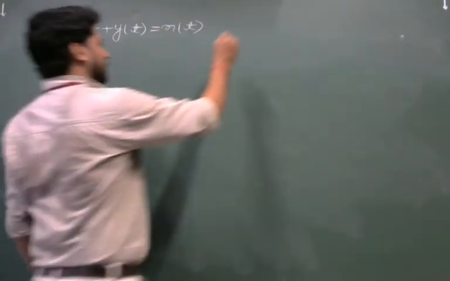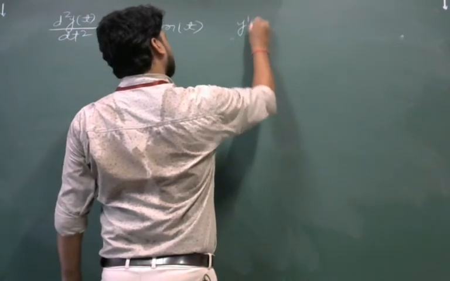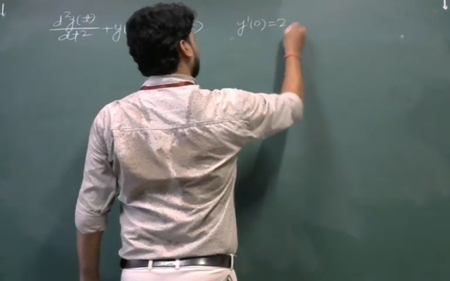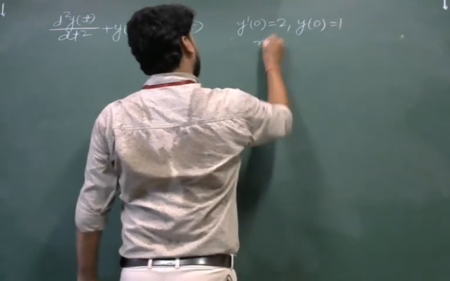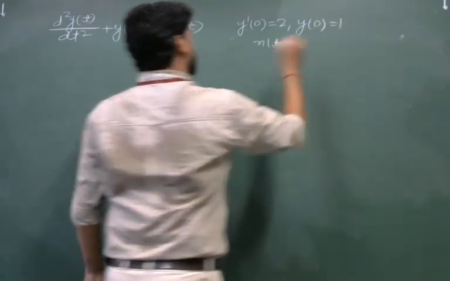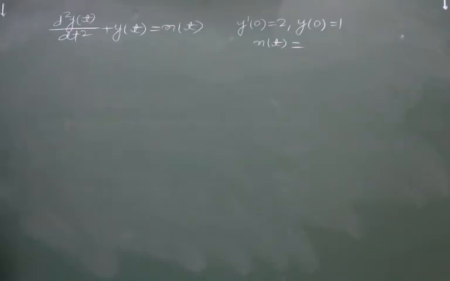It is given here that y dash 0 is equal to 2 and y of 0 is equal to 1, and x of t in this question is given as cos of 2t.